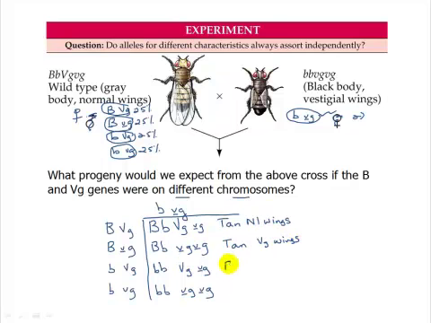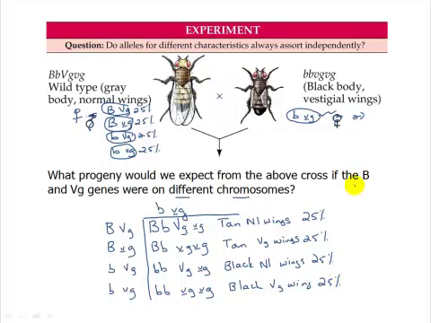These would have black bodies and normal wings. And these would have black bodies and vestigial wings, right? And we would expect to see these in the following proportions. 25% of our offspring showing each phenotype.